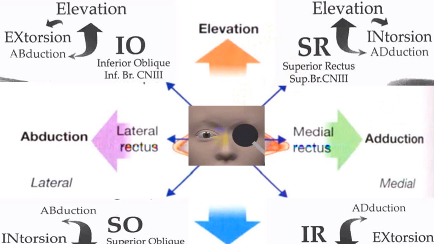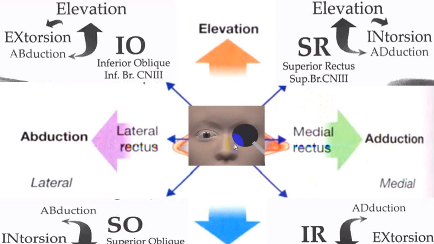First I'll be talking of monocular movements. Say the medial rectus of this eye. This eye is the right eye of a person. So when it moves medially, medial rectus is working. Medial rectus will move medially, we call it adduction.